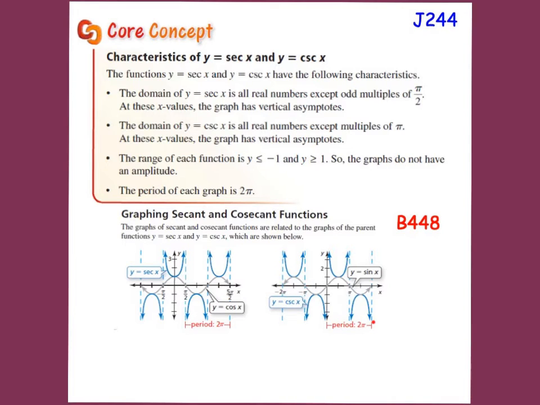And again, the period is 2 pi because we are going to graph a cup opening up and a cup opening downwards. It makes sense because the sine function is opposite over hypotenuse, and the hypotenuse is always the longest side. So that's the reason why in the sine function we have the range between -1 and 1.